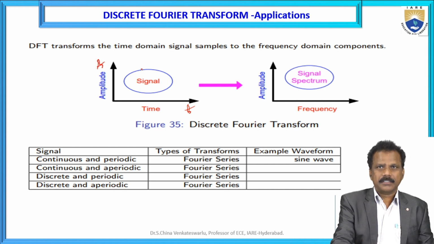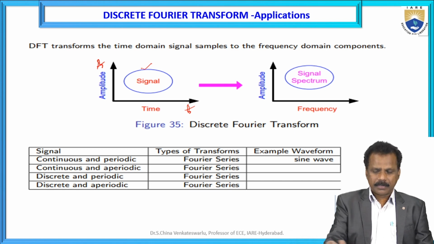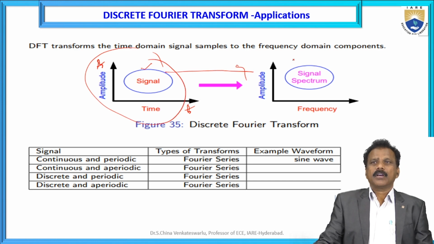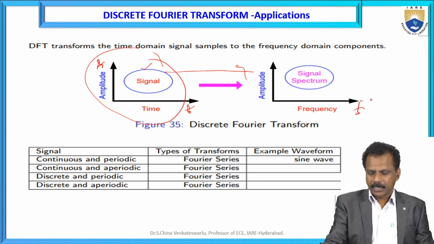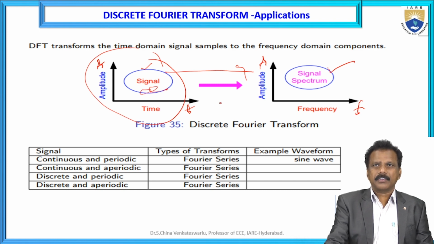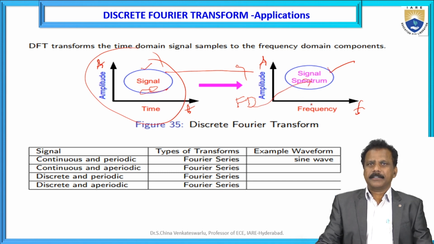The signal is available, we apply the discrete Fourier transform, and it is given to the frequency domain, where the x-axis is frequency and the y-axis is amplitude. We expect the signal in the time domain, but in the frequency domain the signal spectrum will appear.